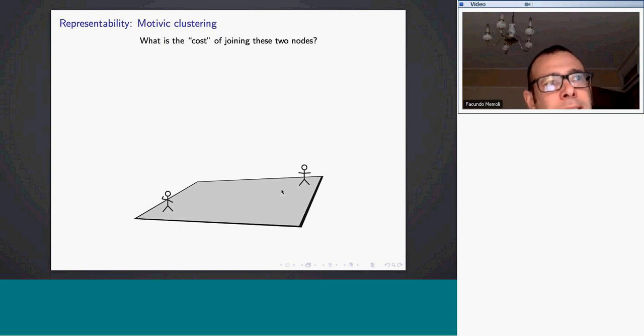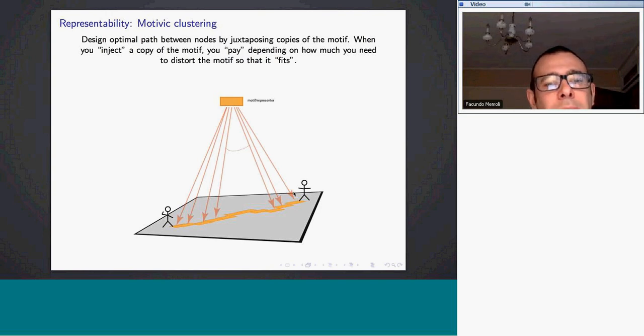We interpret the cost as the value of the ultrametric at these two nodes. We have a motif that tries to place one node into the other in some sort of optimal way. So we create a path by replicating the motif on the network.